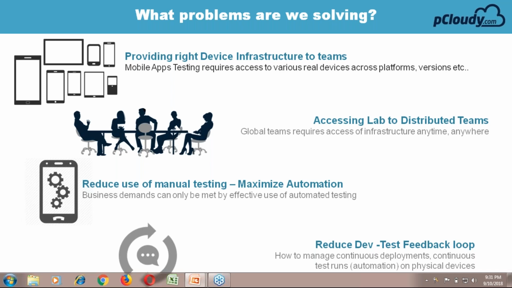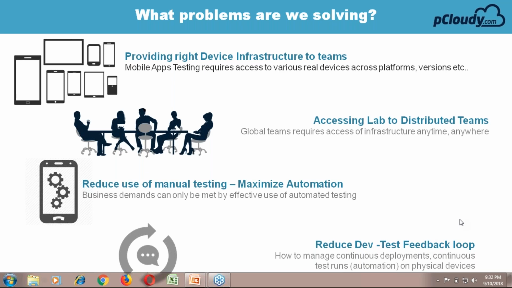We typically save a lot of test execution time, because we can execute your test automation on multiple devices in parallel to reduce total execution time. In return, we provide a lot of artifacts that help you analyze the reports. We are going to see that in a while, a brief about that.